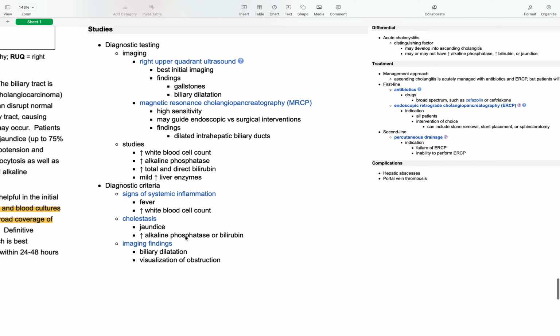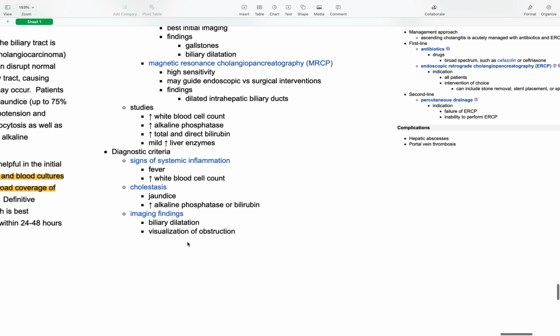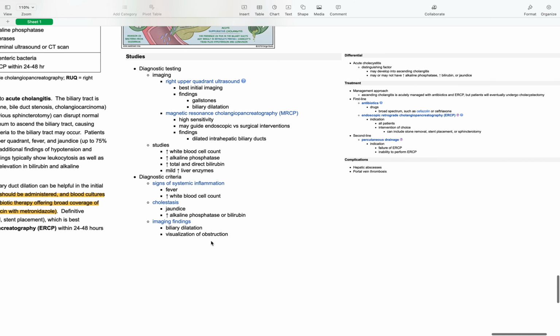Now, the diagnostic criteria for acute cholangitis is signs and symptoms of inflammation with fever and high white blood cell count, cholestasis, jaundice, and high alkaline phosphatase or bilirubin, and image findings showing biliary dilation and visualization of obstruction.